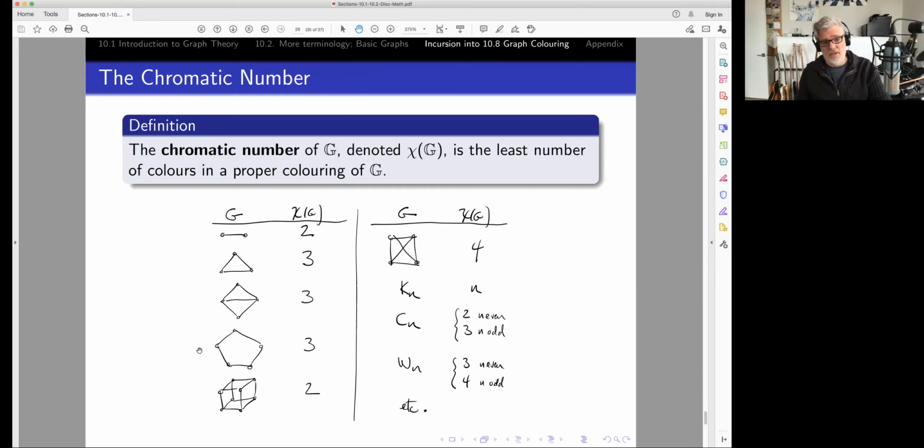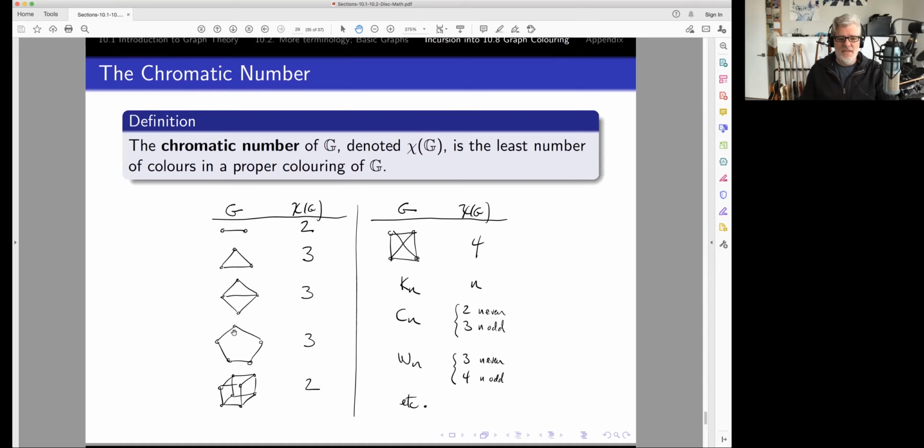I'm not actually doing the computations here, but they're very, very simple. The 5 cycle, 3 colors will be necessary and sufficient. Hypercubes in general, I'll talk about it on the next slide, but all the hypercubes are bipartite. 2 colors will suffice. Complete graph on 4 vertices, 4.